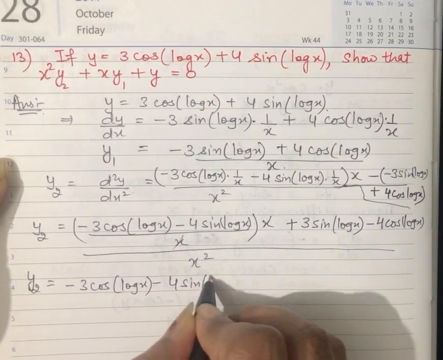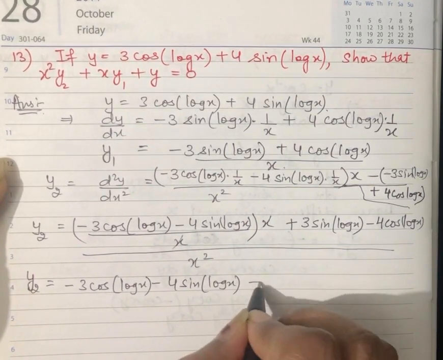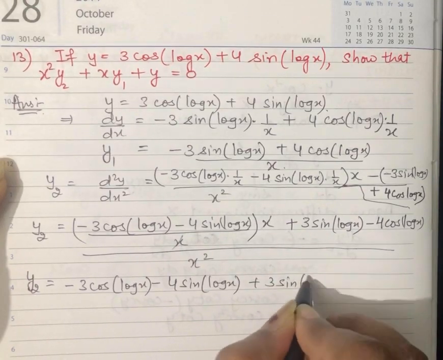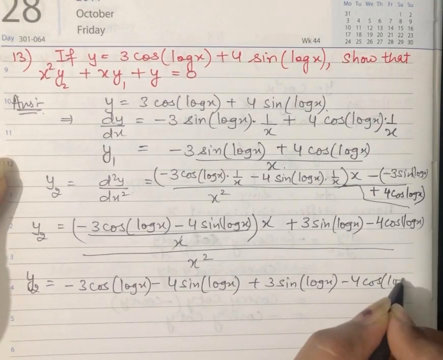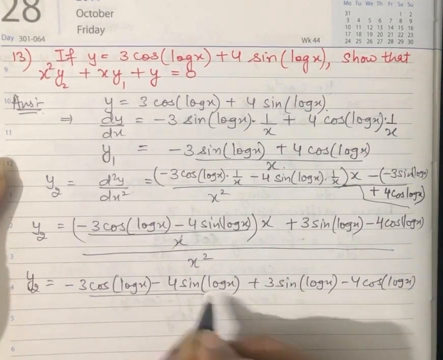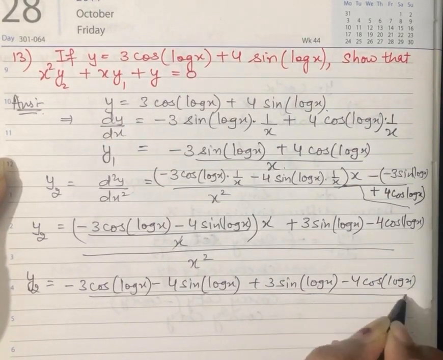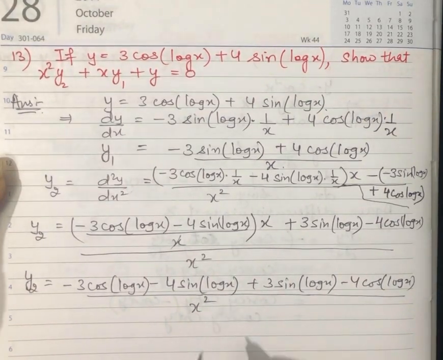minus 4 sin log x plus 3 sin log x and minus 4 cos log x upon x square.